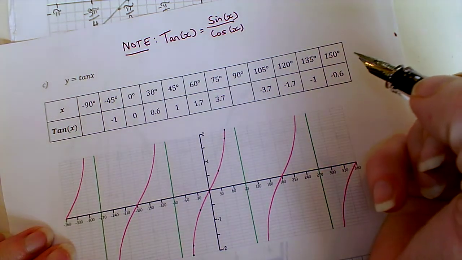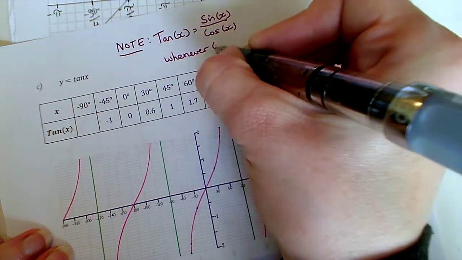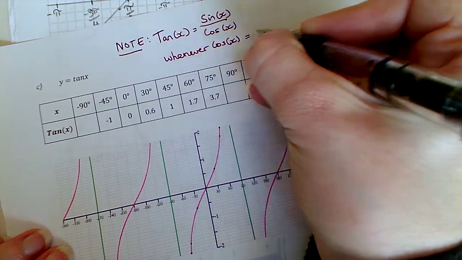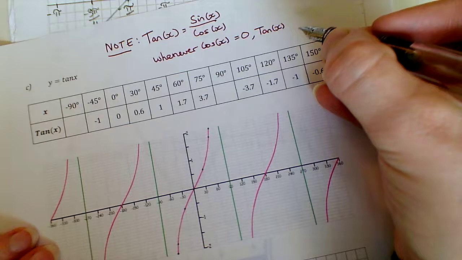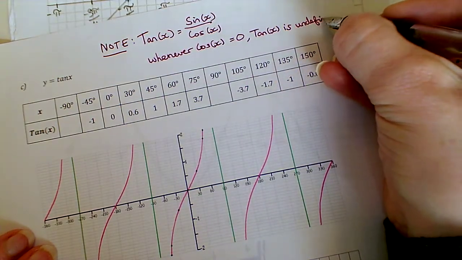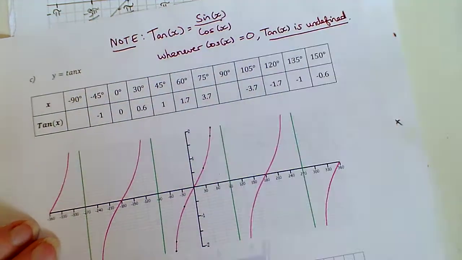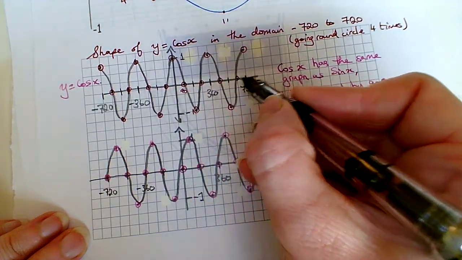What does that mean? Well, whenever cosine of x is equal to 0, tan of x gets a divide by 0 error, is undefined. And we remember that cosine of x is equal to 0 every 90 degrees.